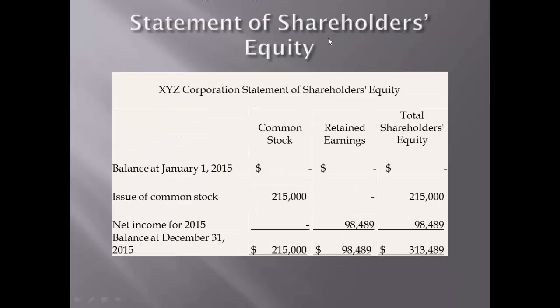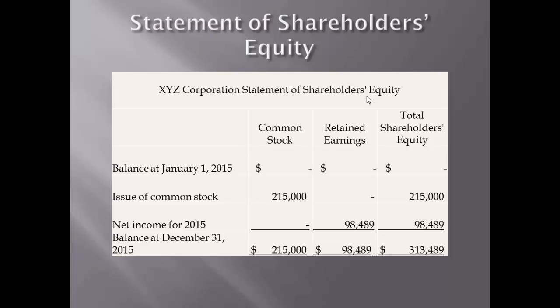Now, the statement of shareholders' equity discloses transactions that cause changes in shareholders' equity account balances. Now, shareholders' equity is a residual amount. That is, what's left over after creditor claims have been subtracted from assets.